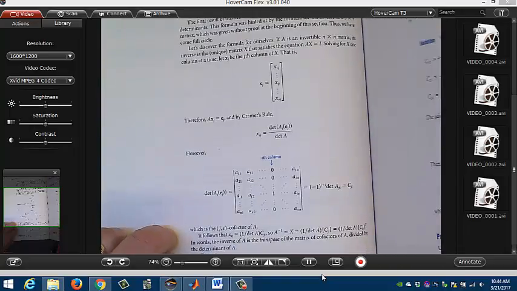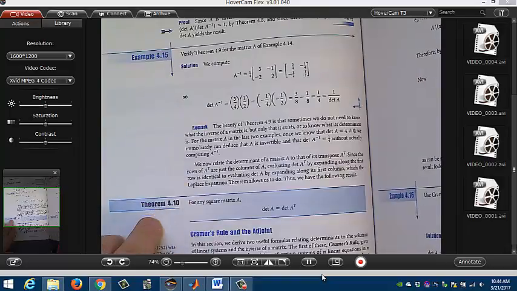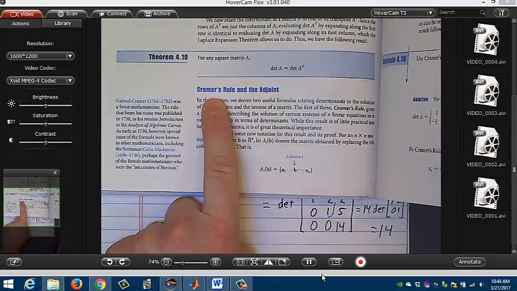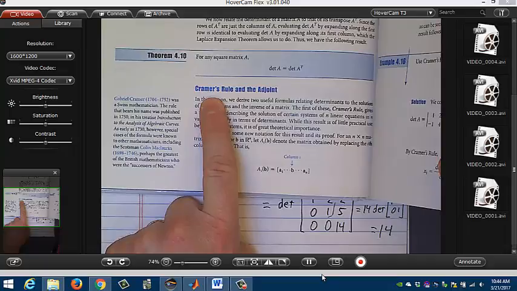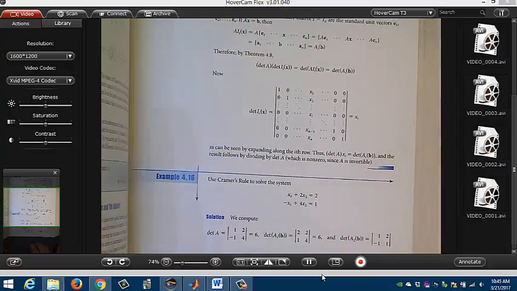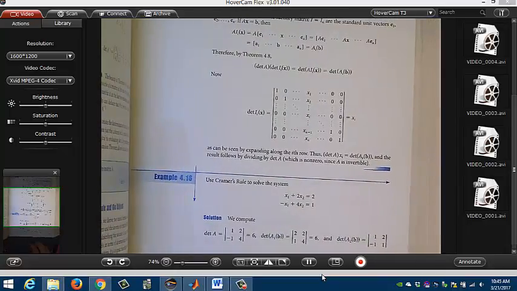But the other place that you may or may not come across determinants is the adjoint, Cramer's rule. So Cramer's rule is a way of solving systems of equations that I've seen taught in high school books sometimes.